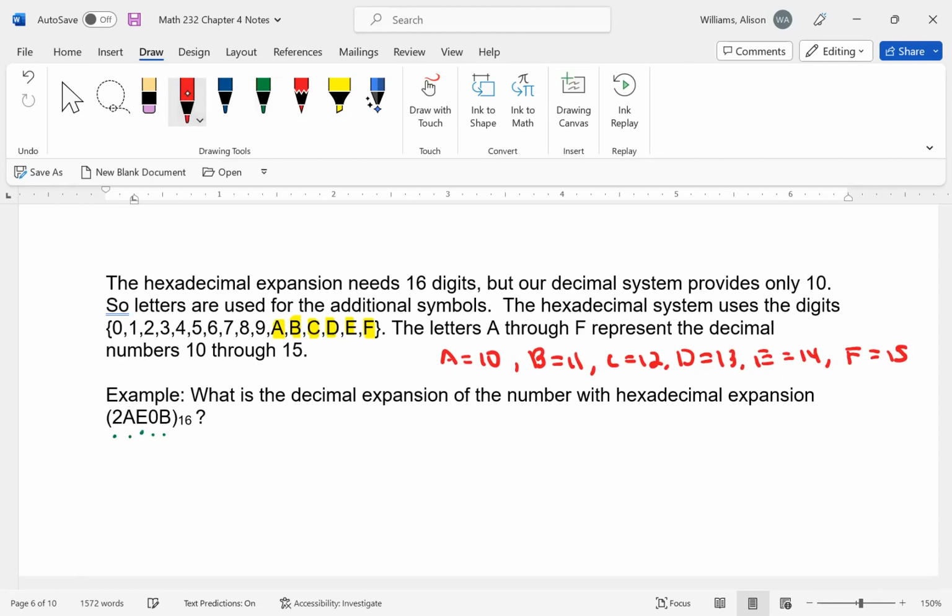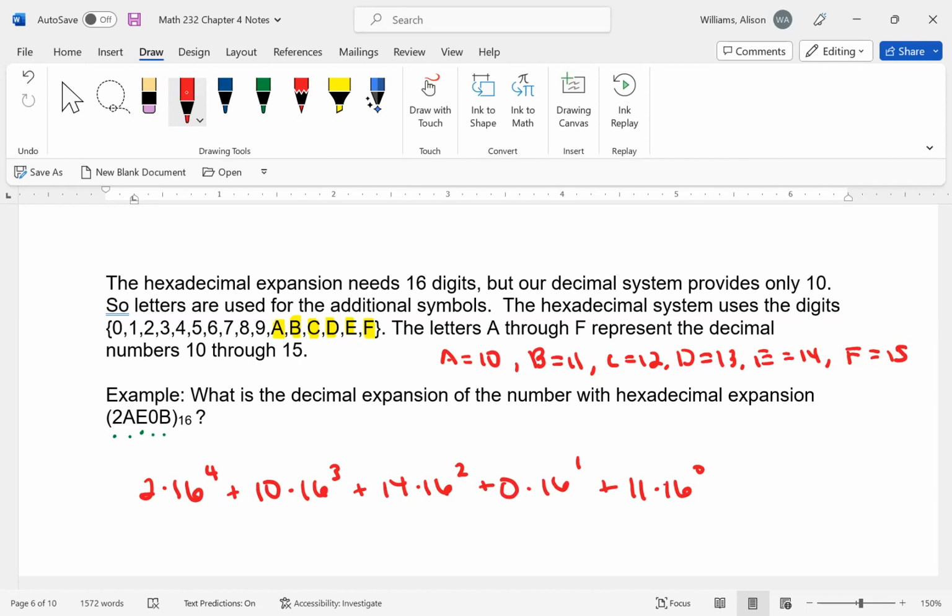Okay, so the first one is 2 times 16 to the 4th power plus, okay, now I see A, but A is really 10 times 16 to the 3rd power plus, okay, E, that's 14 times 16 to the 2nd power, 0 times 16 to the 1, and then B is 11 times 16 to the 0. Okay, so grab your calculator. Let's do some calculating here.